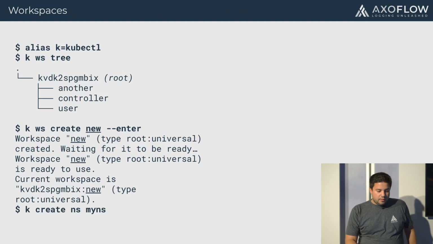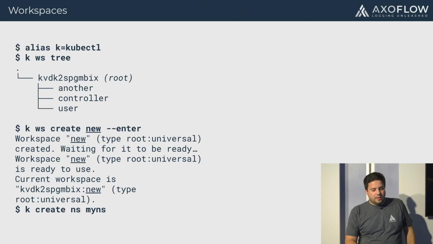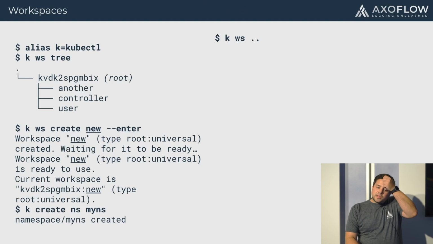And you can issue regular Kubernetes commands in it. So in this example, I created a namespace in the new workspace. You can also use this exact same command in a similar way to the cd Unix command.